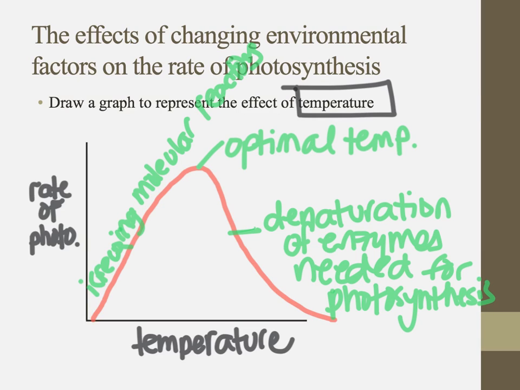So this is not denaturation. This is just things are slow because reactions are slow at cold temperatures. We have an optimal temperature, and out here we've denatured or ruined the active site shapes of all the enzymes we need for photosynthesis to happen.